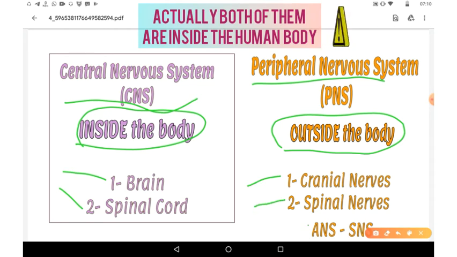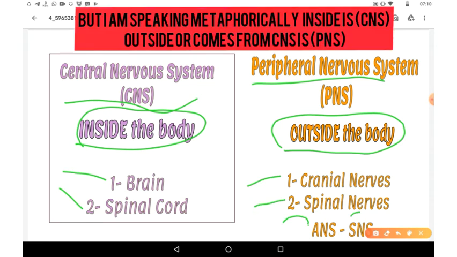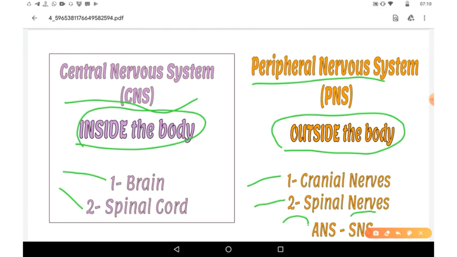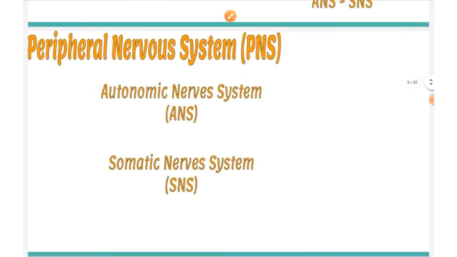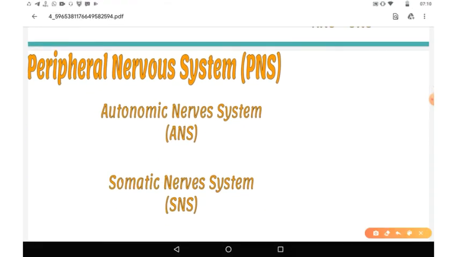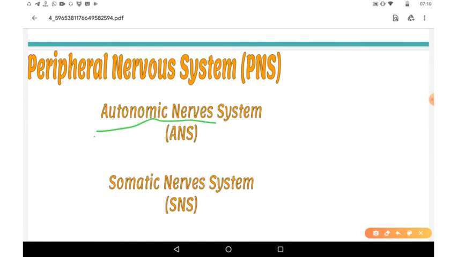The peripheral nervous system is again divided into the autonomic nervous system and the somatic nervous system. These are functional divisions.